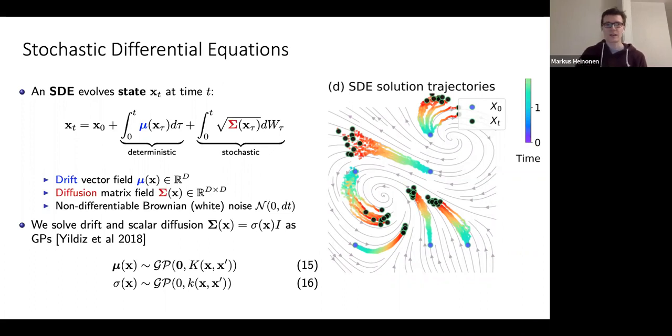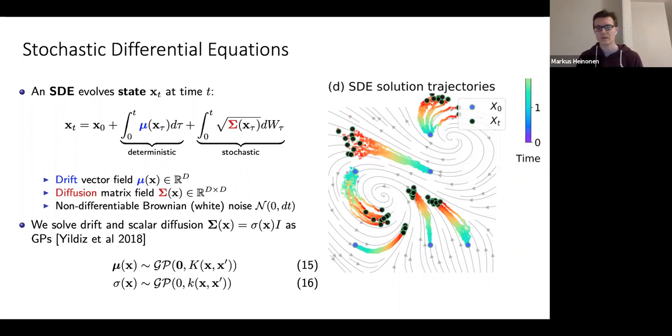But here, basically, we have this deterministic drift vector field, which was similar as before. It's still the gray arrows in this figure. But we also add a Brownian motion or a Wiener process, the dW. And we can also modify its diffusion matrix, which kind of colors the variance of this process. And on the right, we see what happens.